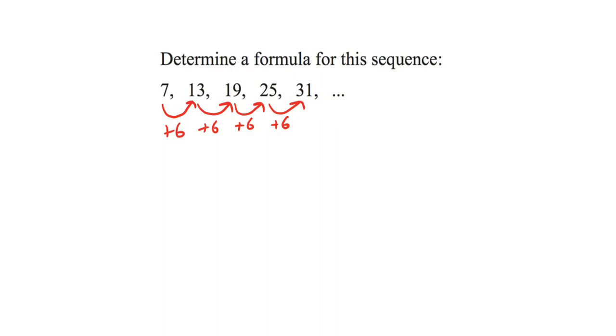Okay, so now we've got some information we can use. Every formula is going to look like this: Un equals some number multiplied by n, and then either a plus or a minus some number on the end. We've just worked out that it goes up in 6s, so we're going to have a 6n in our formula.